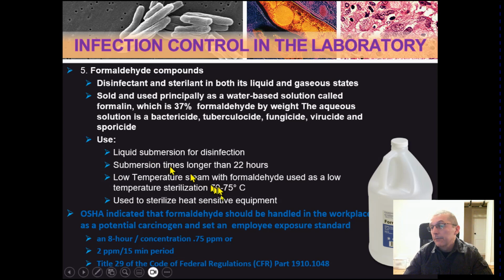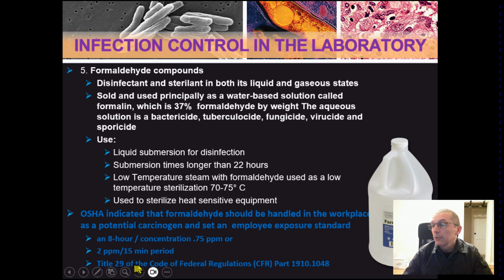If you look at it here, you have an 8-hour concentration of 0.75 parts per million. ppm stands for parts per million. If you have this concentration, you have a maximum exposure time of 8 hours. If you have 2 parts per million, then your exposure time is only 15 minutes per day.